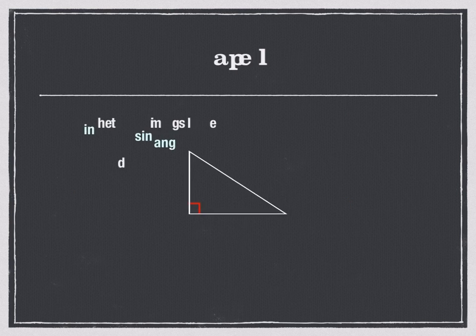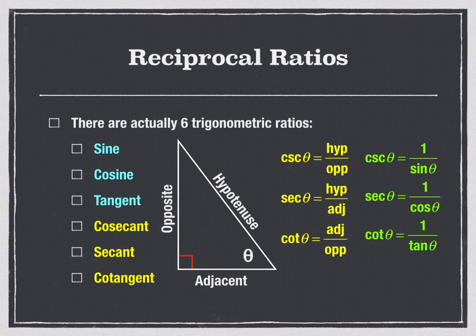For honors, I am going to mention the fact that there are actually 6 trigonometric ratios. The ones that we were not told about before are called cosecant, secant, and cotangent. And we already defined sine, cosine, and tangent. Cosecant is hypotenuse over opposite, secant is hypotenuse over adjacent, and cotangent is adjacent over opposite.